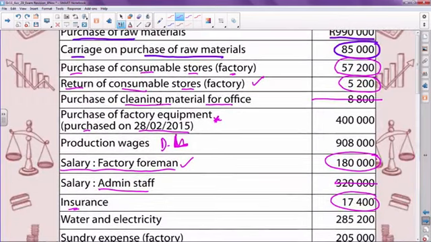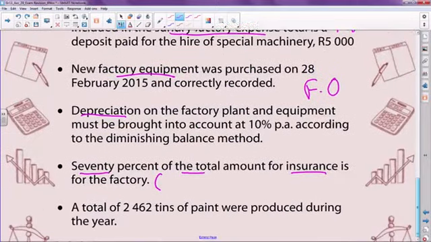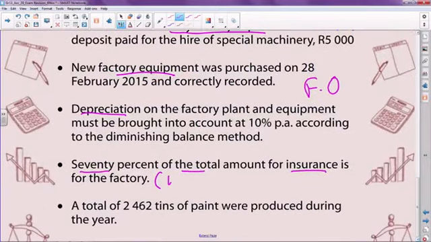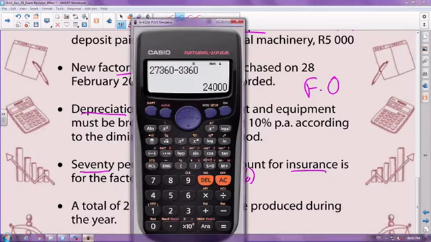So that amount given to us, 17,400. Right? 70% is for the factory, so we are only interested in the expense belonging to the factory. So let's work out 70% of the cost.